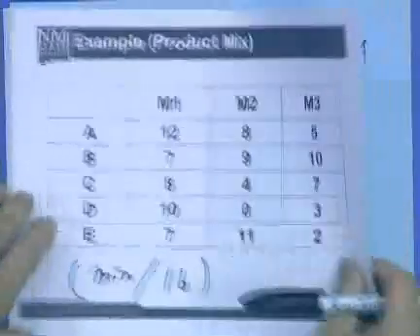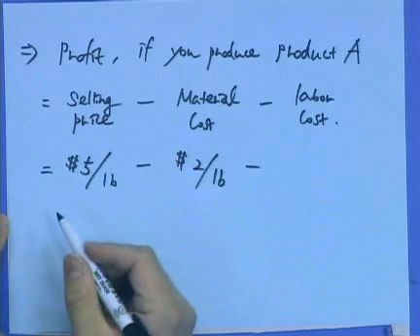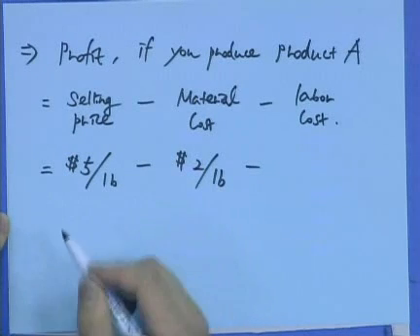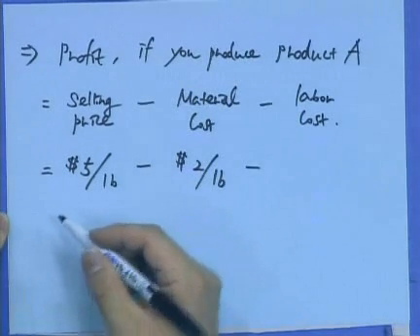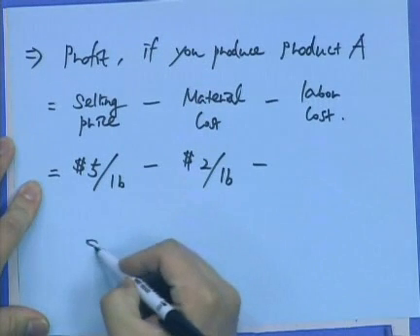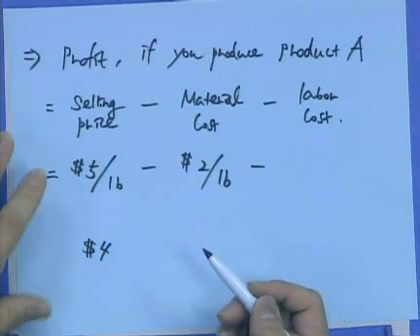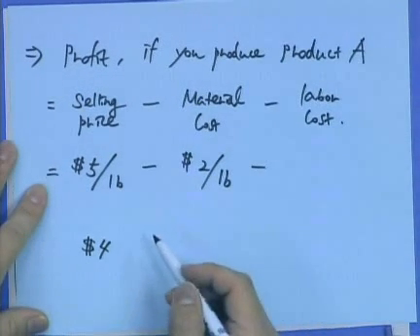So, for machine number 1, the variable labor cost would be $4 per 60 minutes, right?